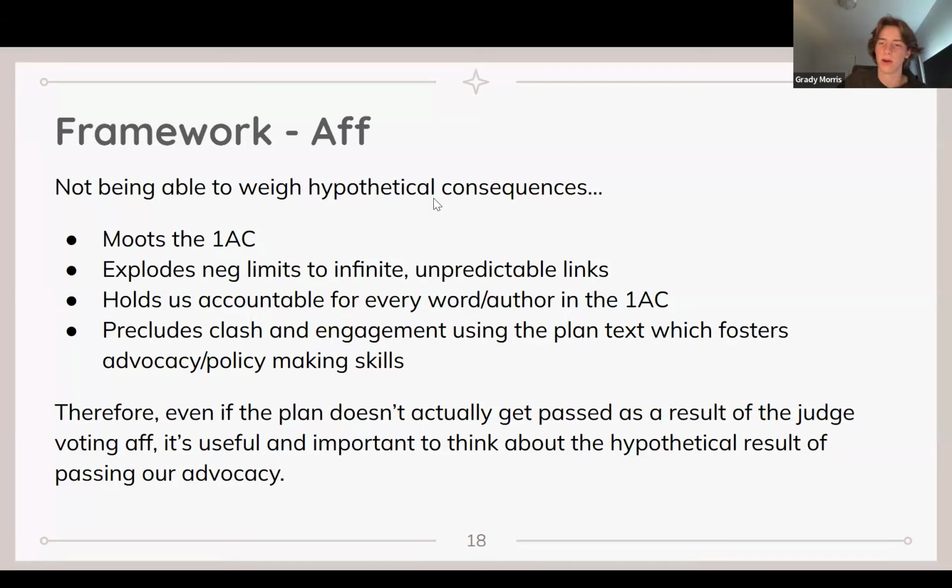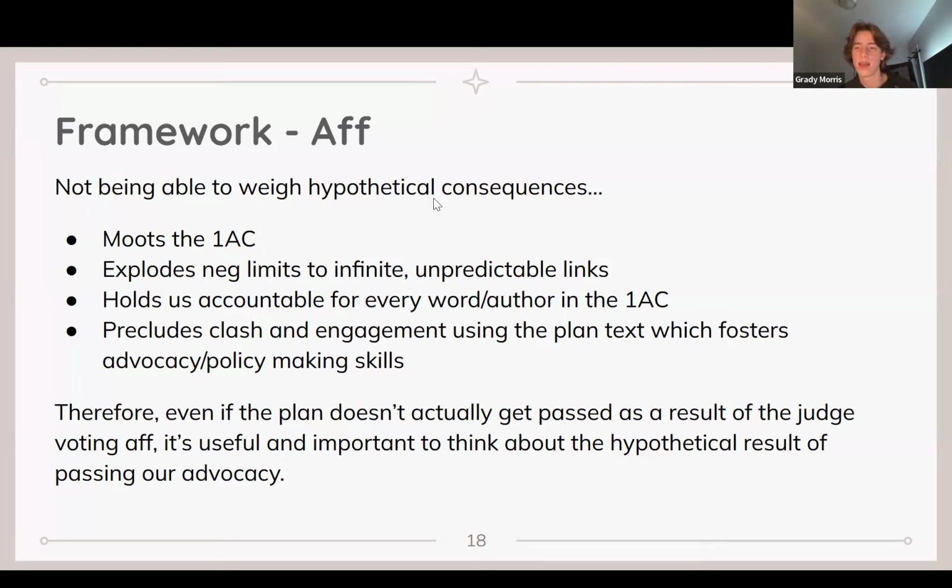The second is that it explodes neg limits to infinite, and that they can generate infinite unpredictable links. This is also something that someone brought up in the chat earlier, which is that Ks can oftentimes have a plethora of links that can be to singular words that are in the affirmative or just core assumptions.